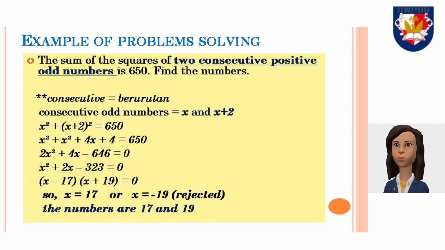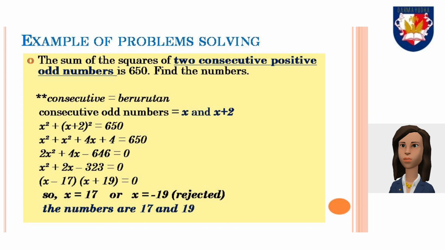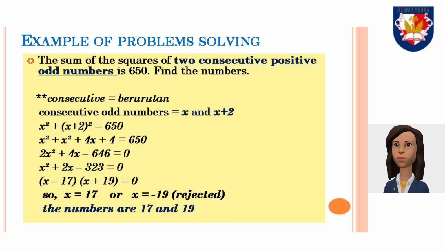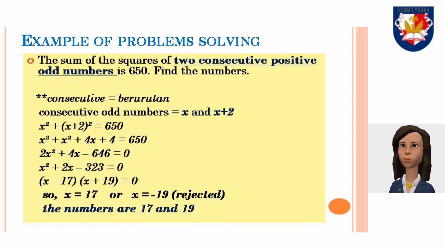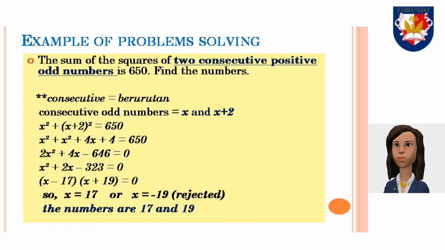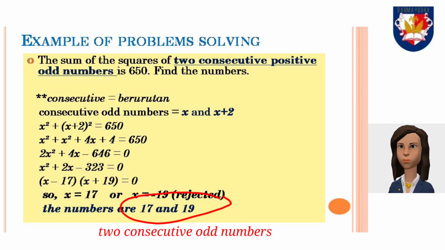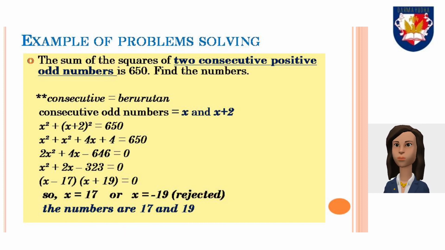So the sum of the squares becomes x squared plus x plus 2 squared equal to 650. Just simplify it, then get the quadratic equation and factorize it to find the solutions. So the numbers are 17 and 19.